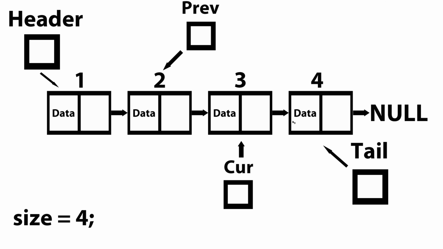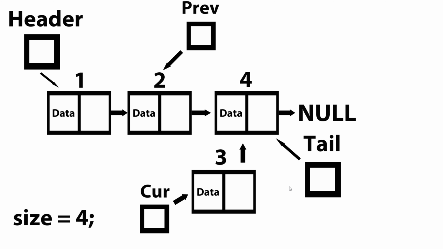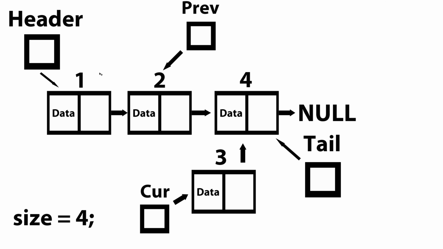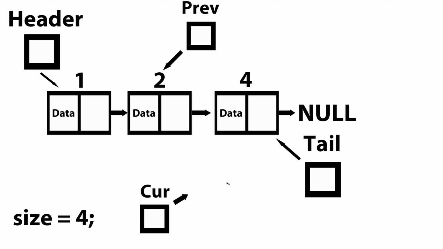So this should give us something like this. And you can see by doing this that our linked list is still intact and tail is still pointing to the last node and our header is still pointing to the first node. Now the last step is to obviously delete this node since we don't need it anymore. And from here, since we successfully deleted the node, what we can do is update the size.